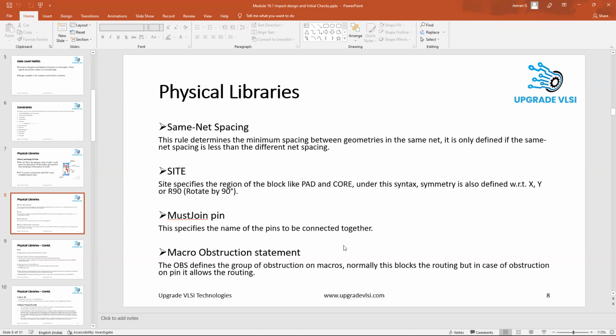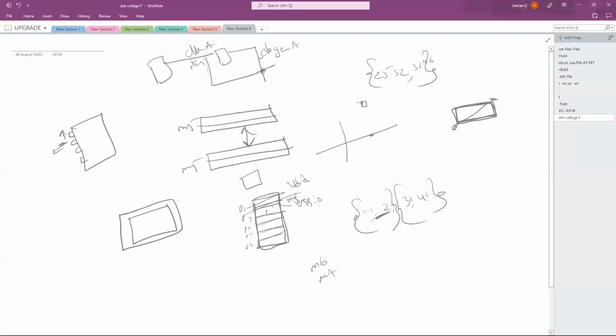For example, if the pin is M5 only, till M5 we have routing blockage, so it won't take any M5 on this macro. But for M6 and M7 you don't have any pins, so it can allow routing, no short is there, right? Nothing is harming you. That is the thing.